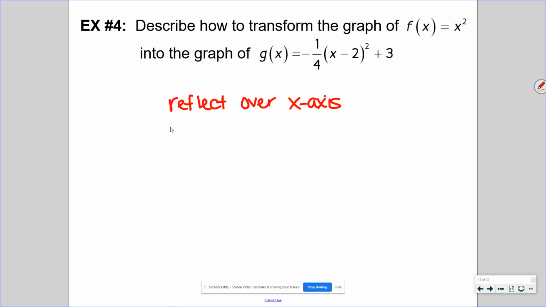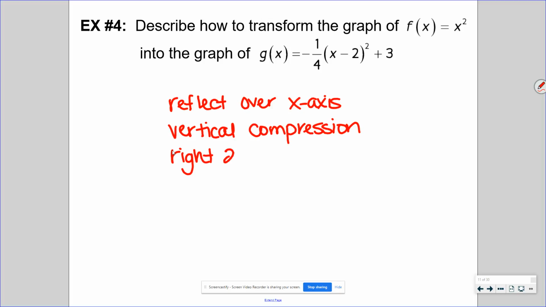The 1/4 on the outside will represent a vertical compression or shrink. The -2 on the inside will make your graph go to the right 2 spaces. And the 3 on the outside will make your graph go up 3 spaces.